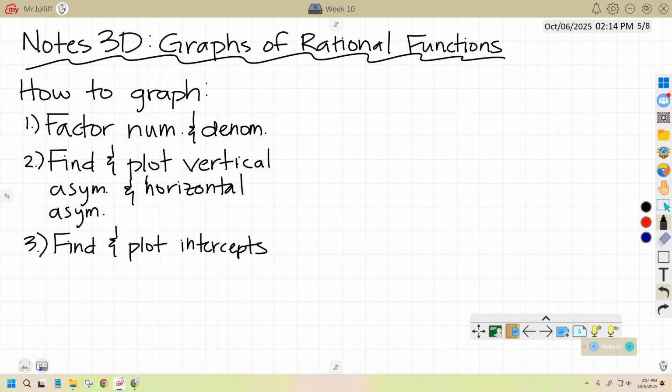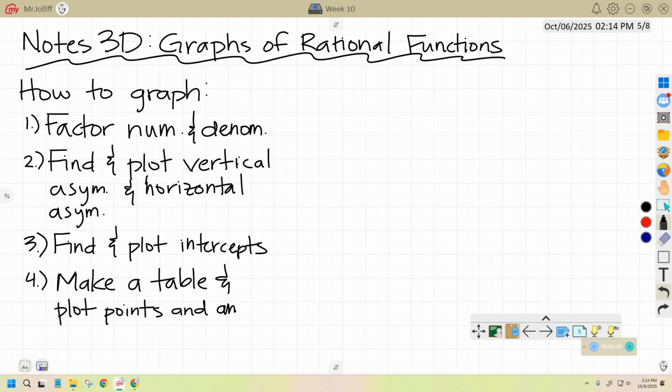But typically there's one more step that we want to do, which is to make a table of values and plot those extra points. So we're going to pick some x values in each chunk of our graph, because our asymptote divides our graph into chunks.